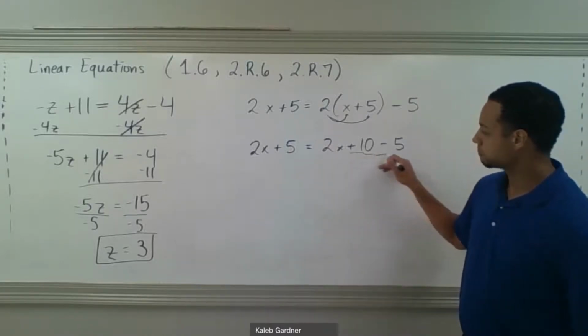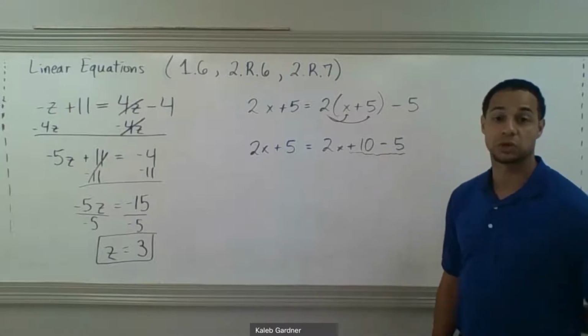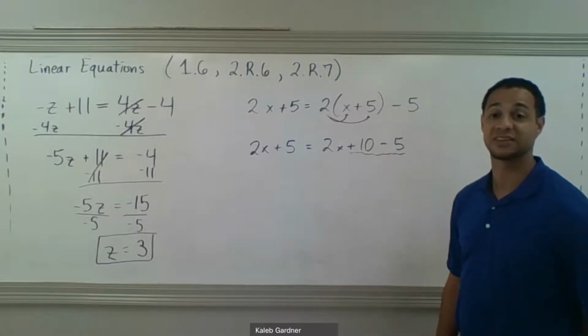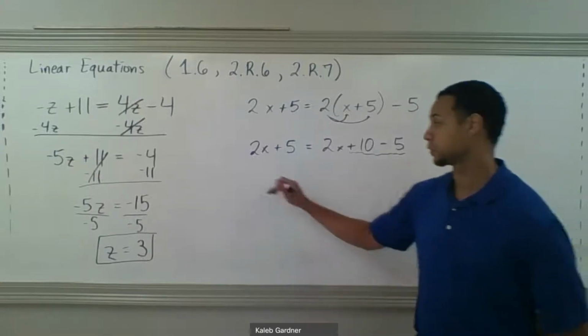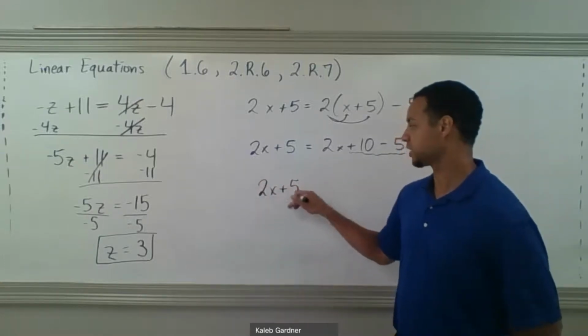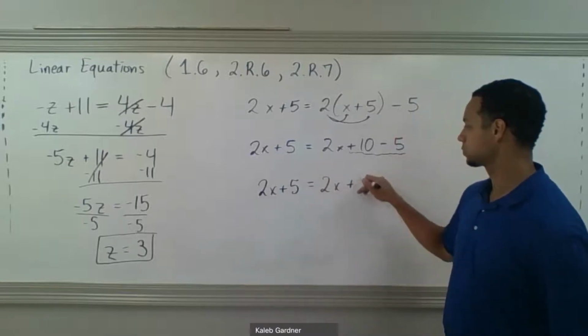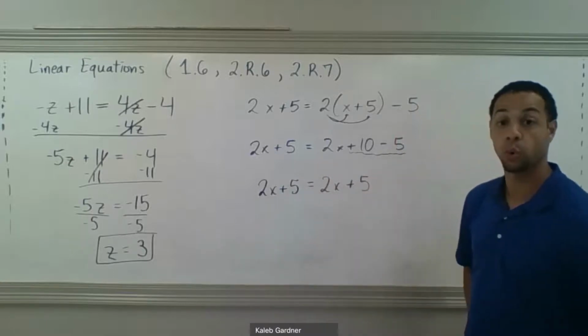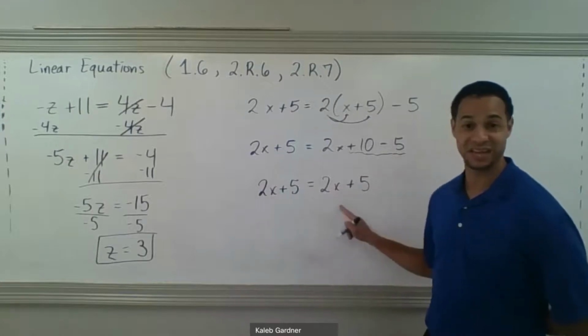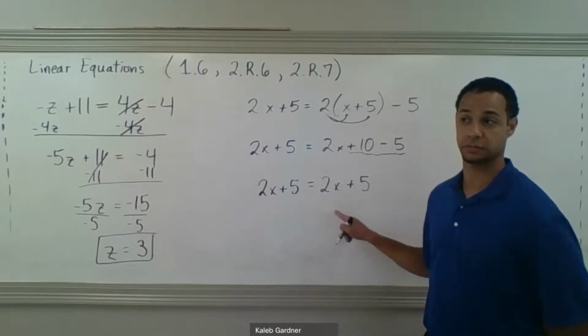You see this right here? I see like terms on the same side of an equal sign, so we need to combine them. So 2x plus 5 equals 2x plus 5. Whoa. Isn't it the exact same thing on either side of the equal sign?